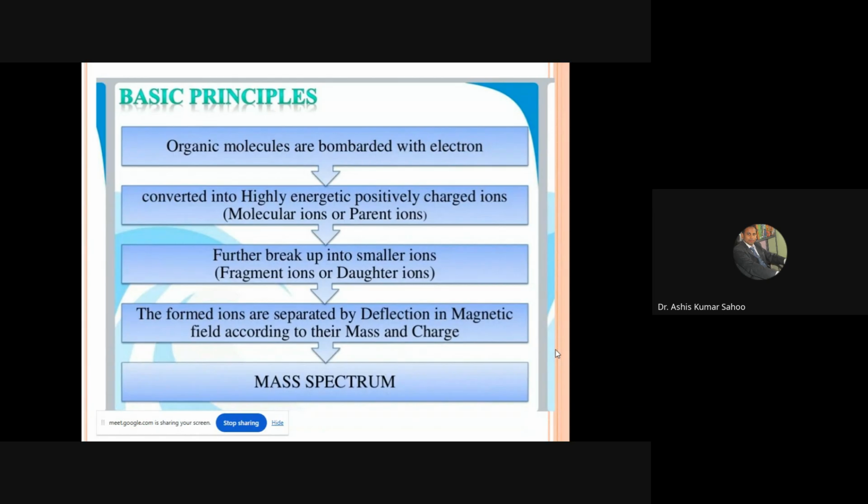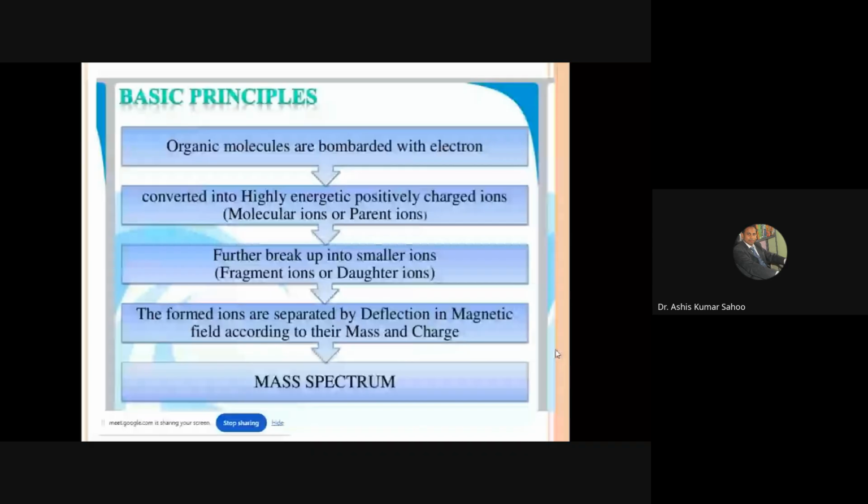Organic molecules are converted into a molecular radical ion, a highly energetic positive charge.